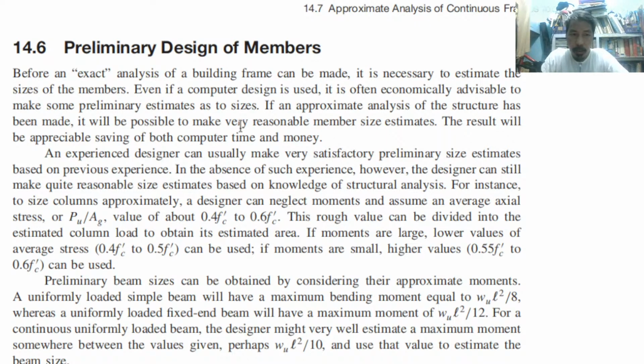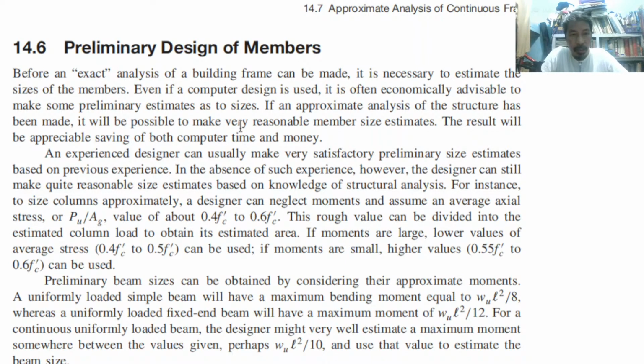The result will be an appreciable saving of both computer time and money. I don't know why we need to save computer time. We need to save human time, not computer time. But I agree, we need to save money. What do you think? Which one do we need to save? Computer time or human time?